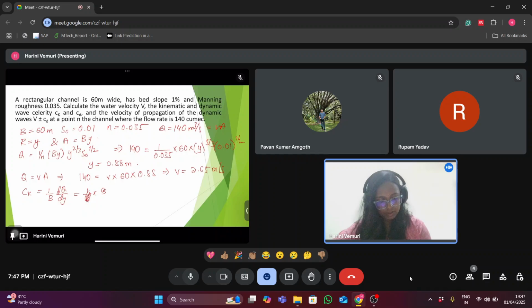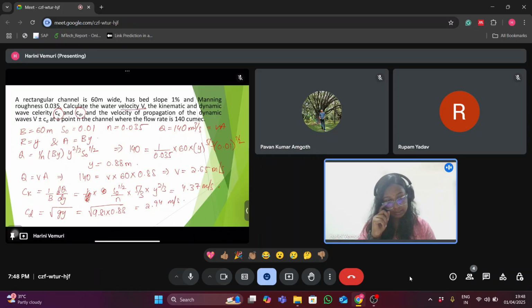The equation will be S naught power 1 by 2 by n into 5 by 3 into y power 2 by 3. Once you calculate this, you'll get a value of 4.37 meter per second. Also, CD is equal to root GY, that is root 9.81 into 0.88, 2.94 meter per second. So we have calculated CK, CD and also water velocity.